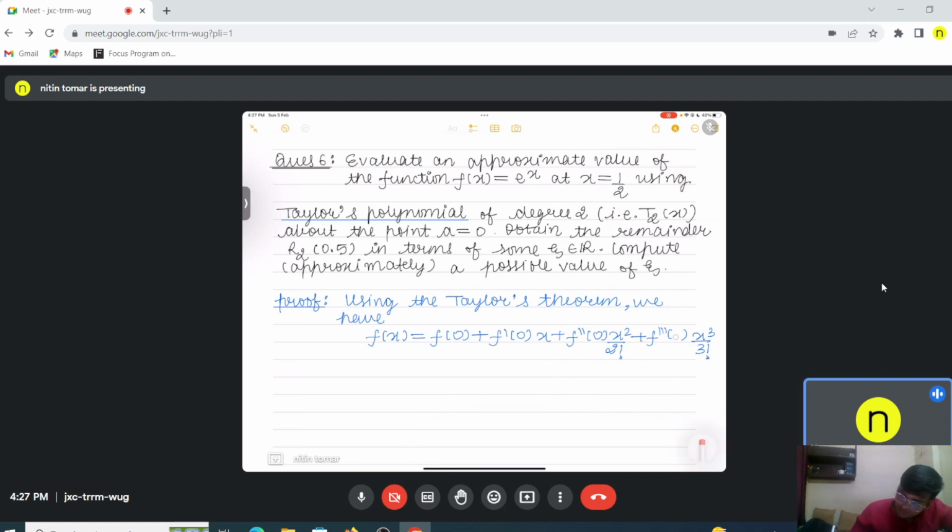And because we want to compute T2 of x, the remainder term will be the third derivative of f evaluated at some point xi times x cube by 3 factorial.